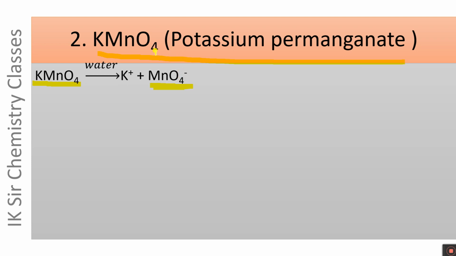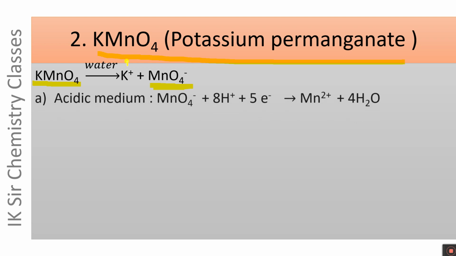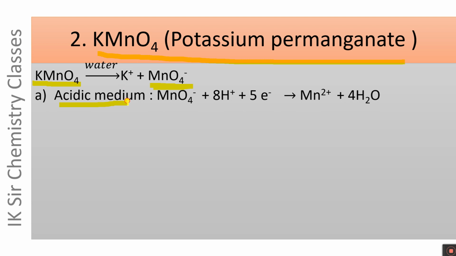And when KMnO4 acts as an oxidizing agent, it is reduced to different substances depending upon the nature of reaction medium. In the acidic medium, MnO4- ion is reduced to Mn2+ ion by gaining 5 electrons.